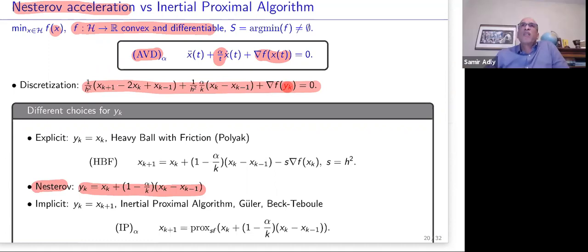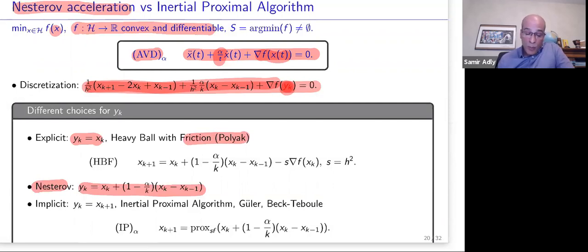You are talking about the acceleration for the part when I discretize this equation. I got this. I go from this equation, okay, this is a dynamic. I discretize. I put here some y_k, and if you put y_k equal to x_k, you get the classical heavy ball with friction, all right?